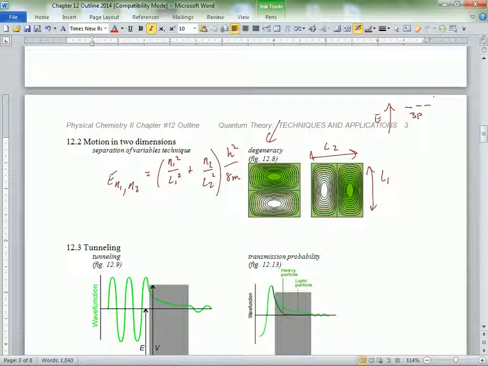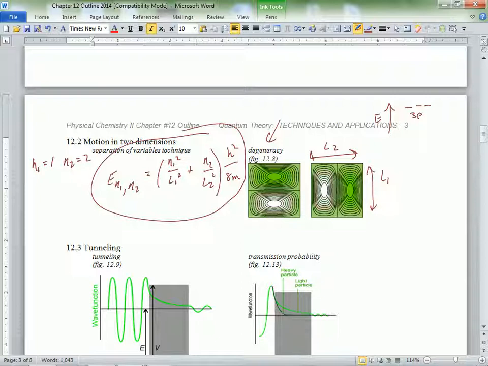So now you've got this nice little equation for energy, right? All the game is just to play around with the quantum numbers n1 and n2, and if you get the same energy more than once, it's degenerate. So you could pick, for example, n1 could be 1, n2 could be 2. I'm just picking any numbers.